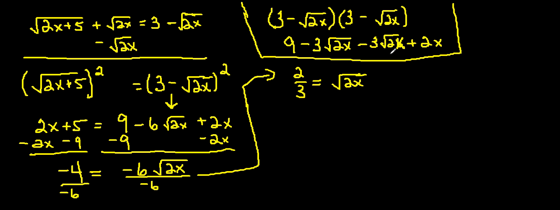And at this point in time now I'm going to square both sides, and that'll get me the square root of 2x squared is 2x. That equals this number here, which is going to be 4 over 9. And then I'm going to divide both sides by 2.